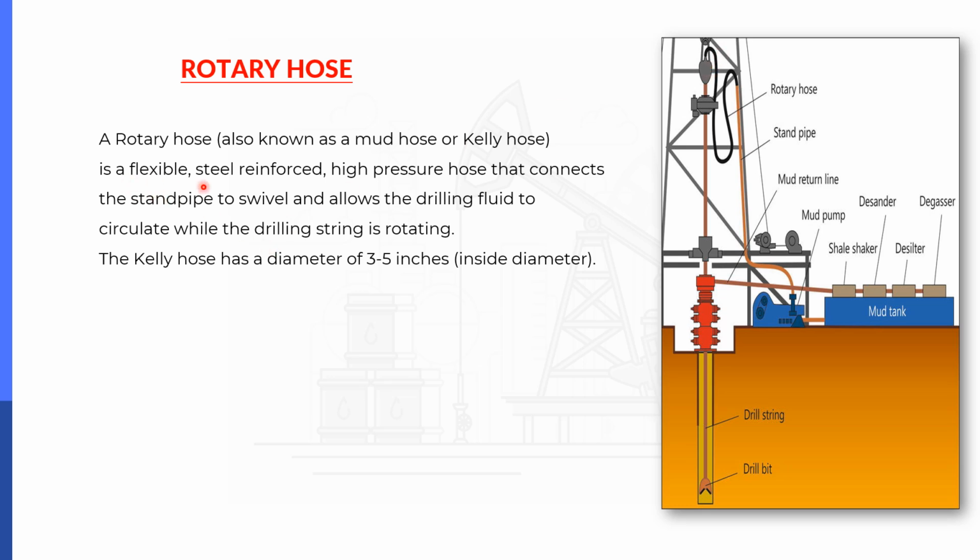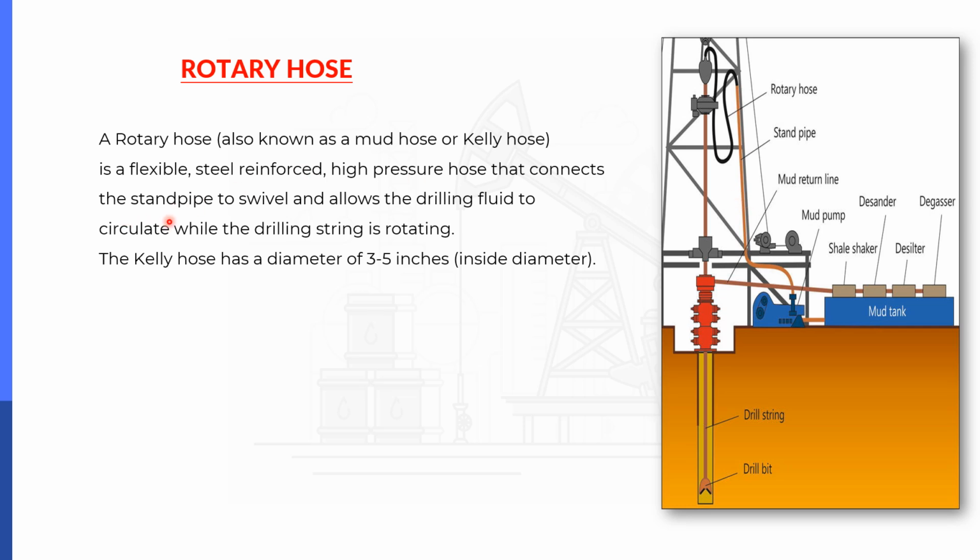A rotary hose, also known as a mud hose or Kelly hose, is a flexible, steel reinforced, high pressure hose that connects the standpipe to the swivel. The standpipe is attached to the side of the derrick, and it is also a part of the drilling mud pumping system.